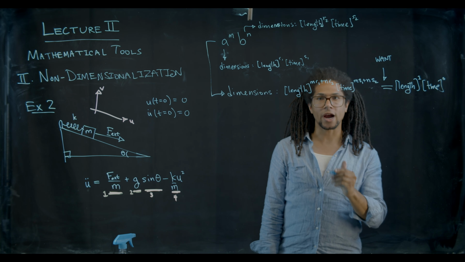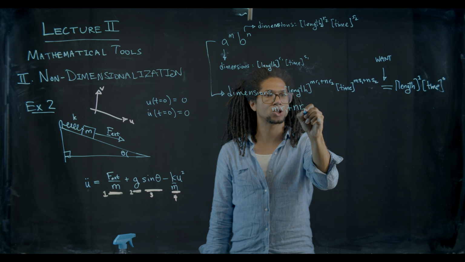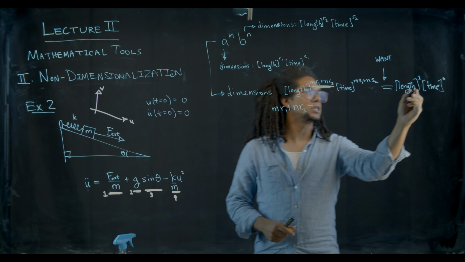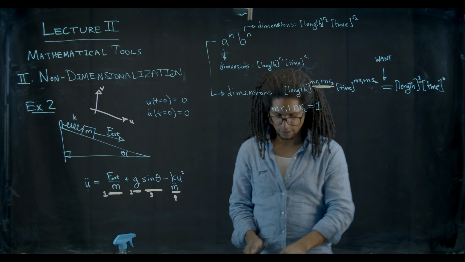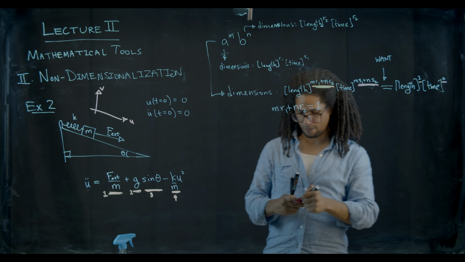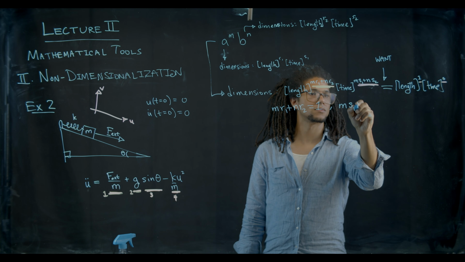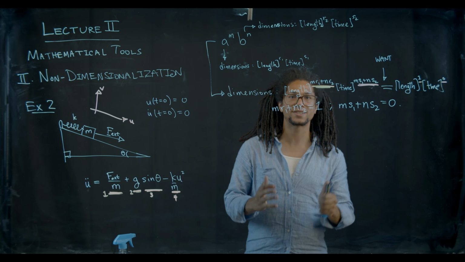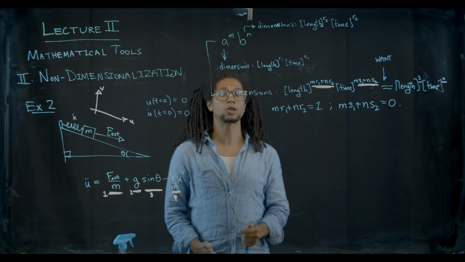That means we're trying to solve the system of linear equations m r1 plus n r2 is equal to 1, since this exponent needs to equal this exponent, and m s1 plus n s2 is equal to 0. We know how to solve systems of linear equations in a systematic way because we've, at this point, got linear algebra under our belt.